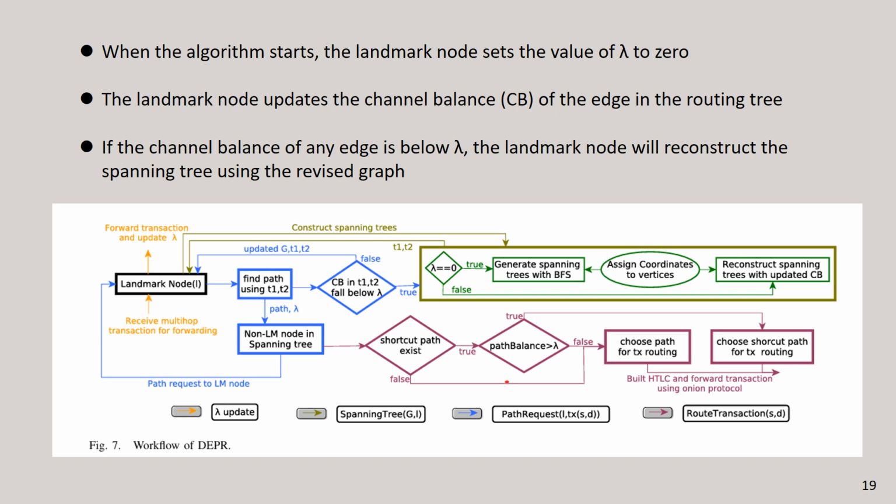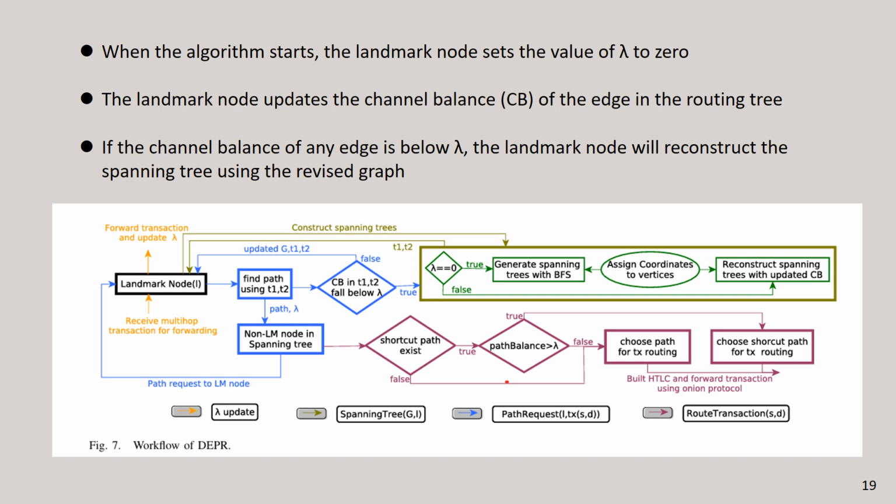Initialization: at the start of the algorithm, the landmark node sets the value of lambda to 0. A breadth-first search (BFS) is used to construct a spanning tree on the payment channel network (PCN) graph G per transaction session. When the landmark node receives a multi-hop transaction from a neighbor node, it propagates the transaction and updates the value of lambda.